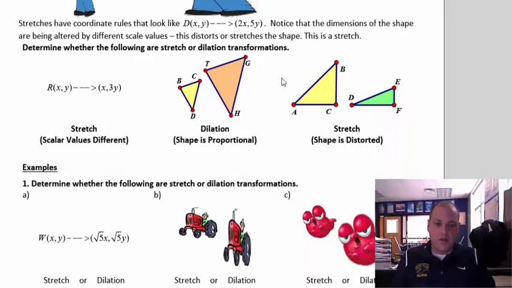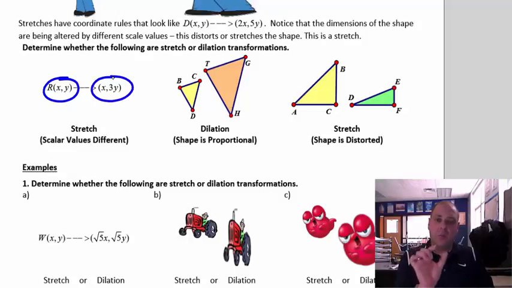All right, there's some examples with triangles here. Here's a stretch, because we're multiplying the x by 1 and the y only gets multiplied by 3. You start with (x, y), you go to (x, 3y). That is not a dilation. That is a stretch. For a dilation, this is a dilation because the shape is proportional. The orange one is bigger than the yellow one, but it's the exact same shape, just a bigger size.